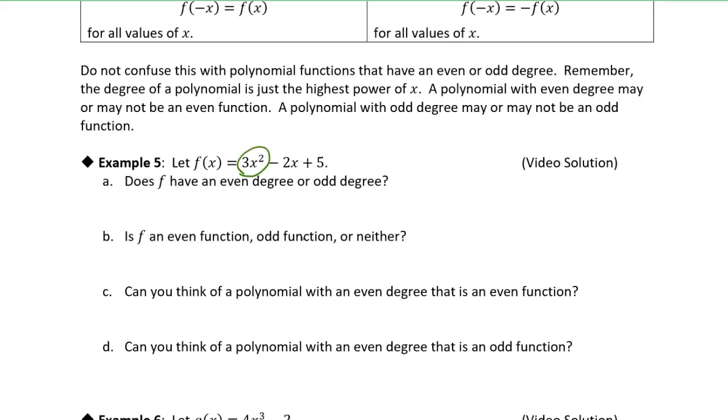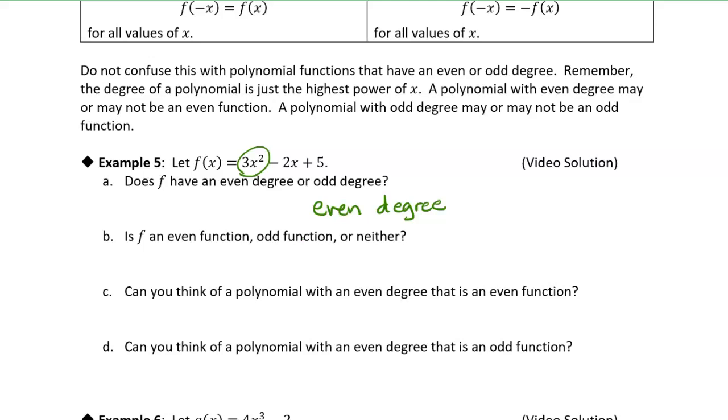So here, this is the leading term, and it has an even power. So this one has an even degree. Okay, so the degree is even. Is f of x an even function or an odd function? Well, this has to do with symmetry. This doesn't have to do with the degree of the function.